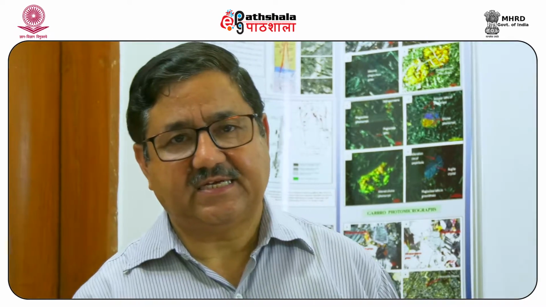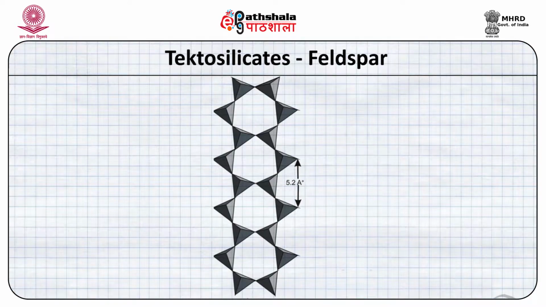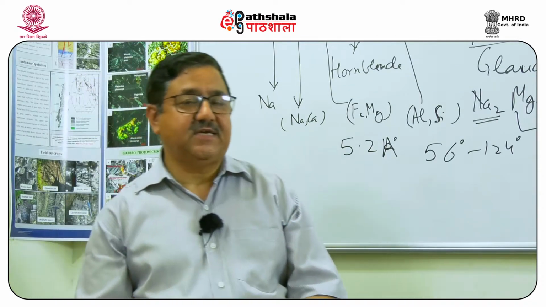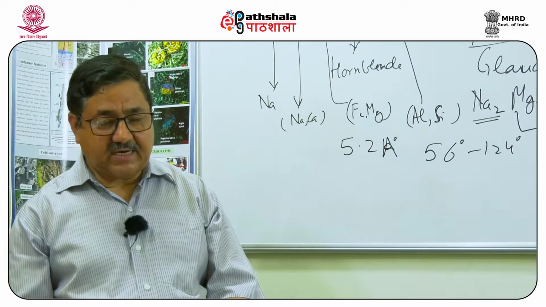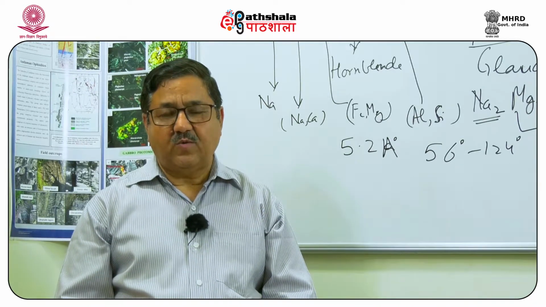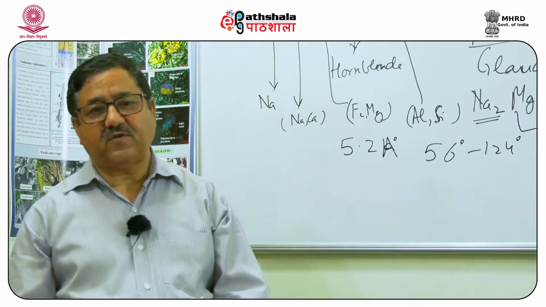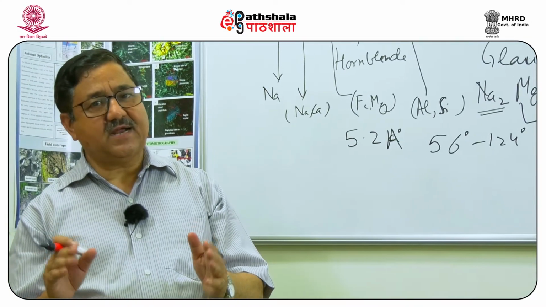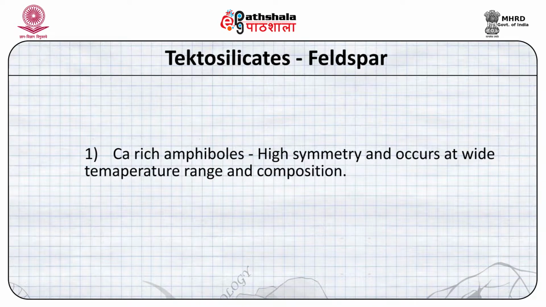The double chain silicate structure is well explained in figure 1, in which you can see that the repeat distance along C is 5.2 angstrom. Because of this complexity of the structure of the amphiboles, we can summarize the types of amphiboles and describe their conditions. For example, the Ca rich amphiboles are of high symmetry and they occur over a wide temperature and pressure range.